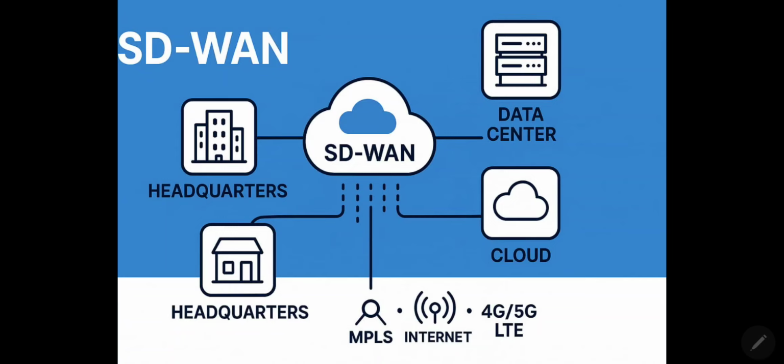Topology means how your data can be transferred through the network. So all of this solution we call SD-WAN, software defined wide area network.